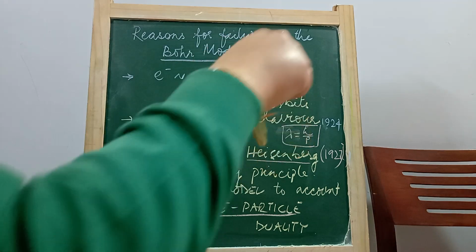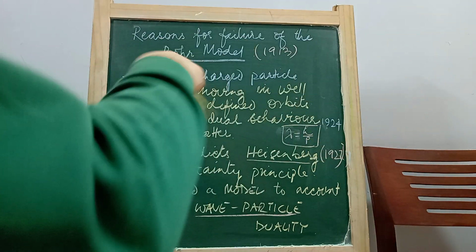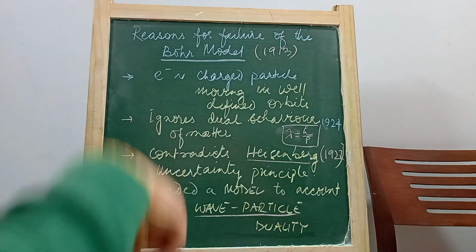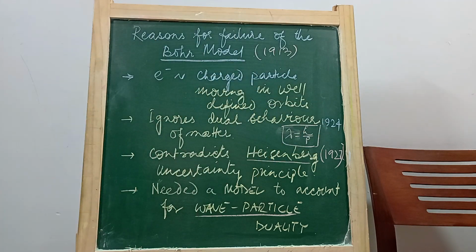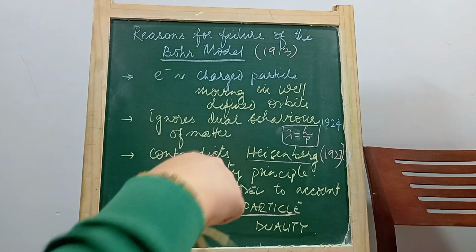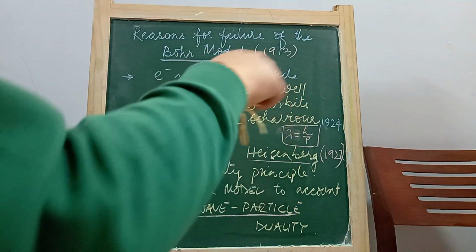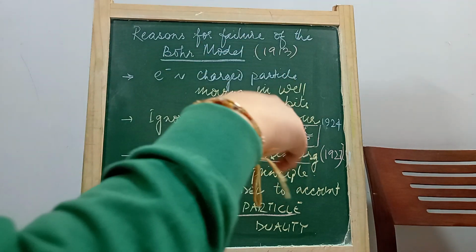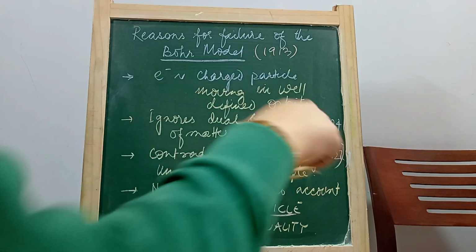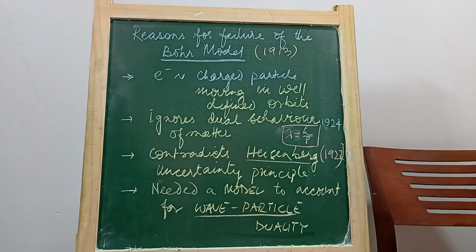So instead of saying that this electron is moving exactly at this position, at this path, the concept of orbit, after Heisenberg, if we apply Heisenberg's principle, we cannot say the electron is present here. We will say that the probability of finding the electron around the nucleus should be here. It should be presented by dots.